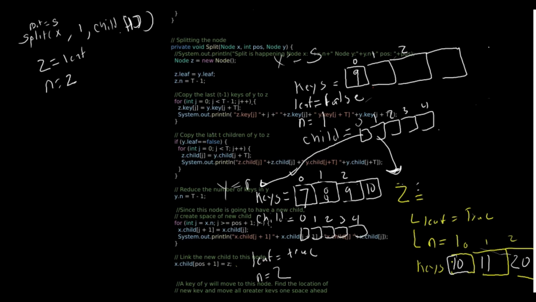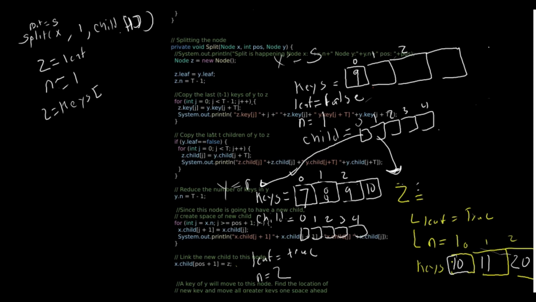Okay. Is child 1 a leaf node from here? Yes, it's a leaf node. So here n equals 1. Sorry, t equals 1.